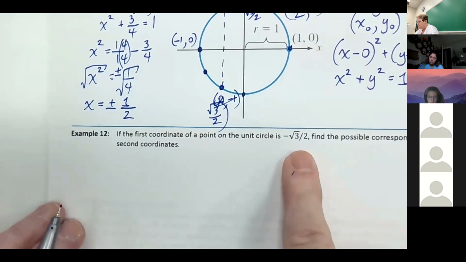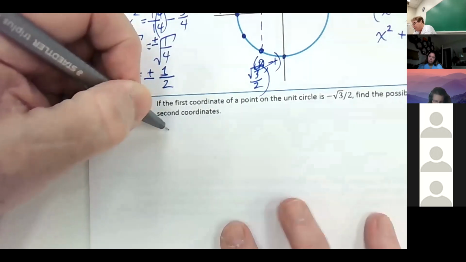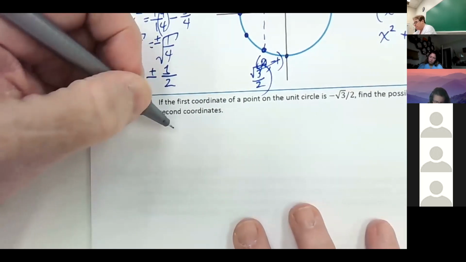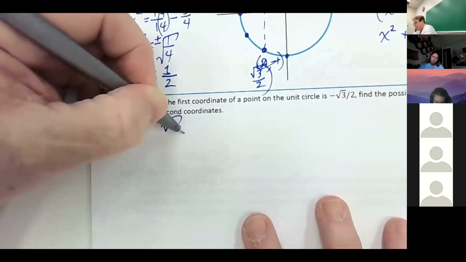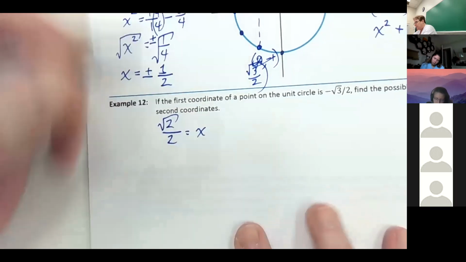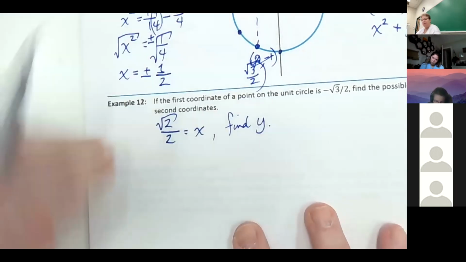And we already did this, so I'm going to do something else. What if we had a first coordinate of square root of 2 over 2? That was x, and we want to find y. How do we do that?